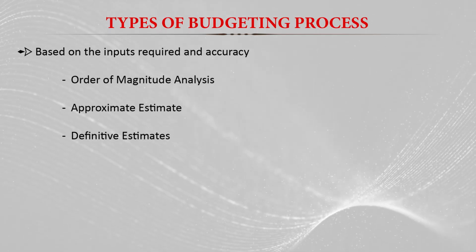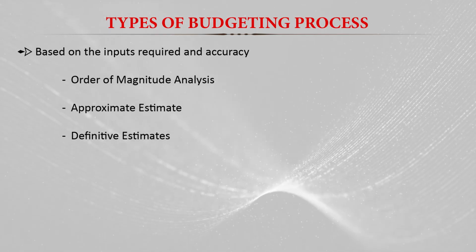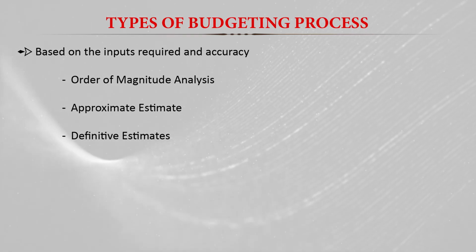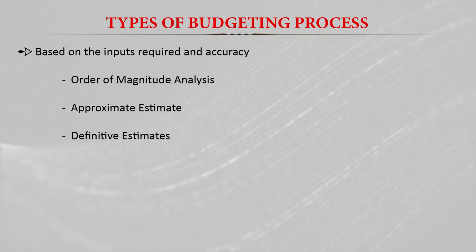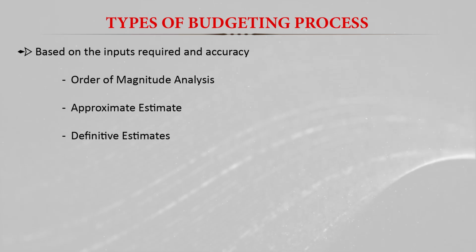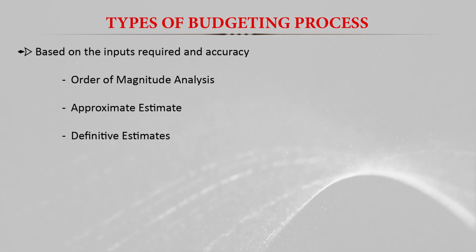Now we'll move to the types of the budgeting process. Basically there are two bases for defining the budgeting process. First is based on the input required or the accuracy level of the estimates. There are three types of budgeting process: the order of the magnitude analysis, the approximate estimates, and the definitive estimates.